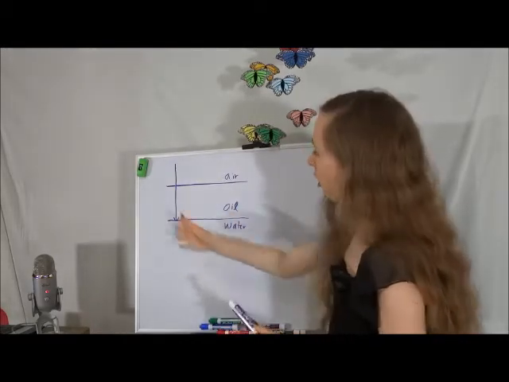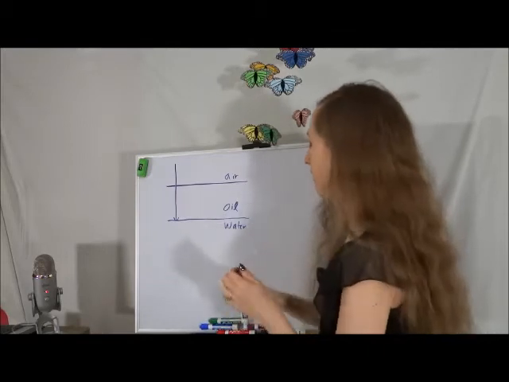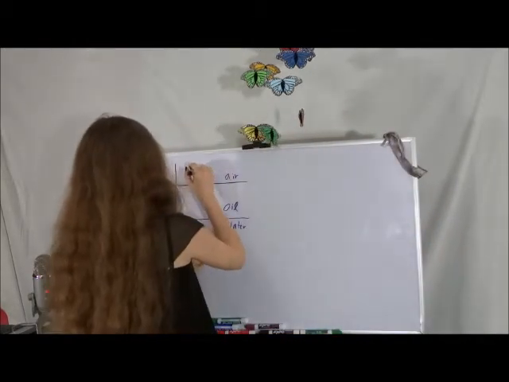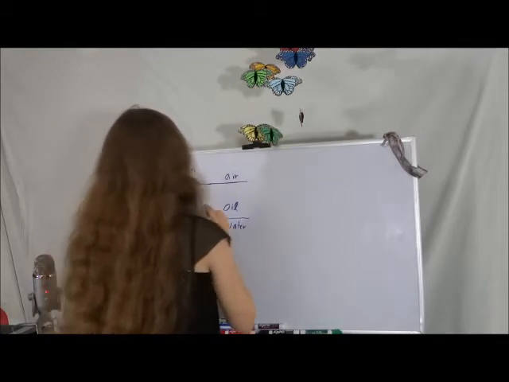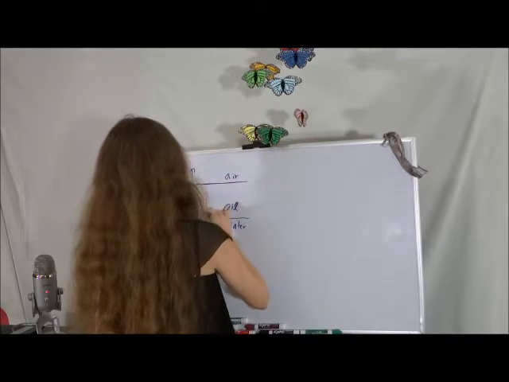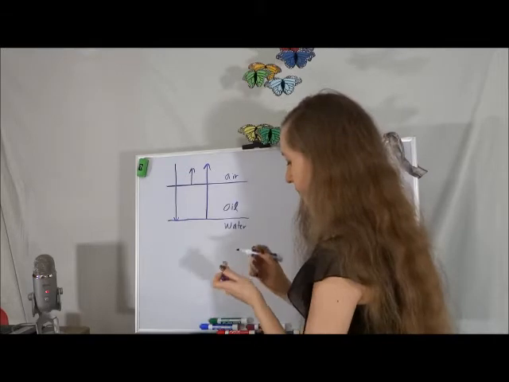All this is happening along this line, but just so we can actually see the different lines, we're going to draw them off to the side. One here is reflecting at the air-oil boundary, and another over here is reflecting at the oil-water boundary.